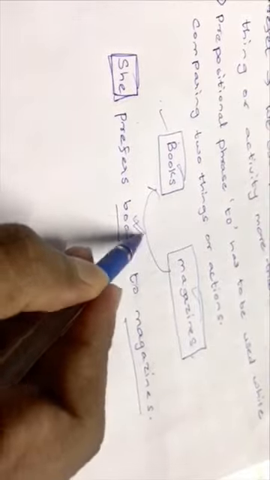This particular person prefers books the most, and the second formula states that the prepositional phrase to has to be used. Got it? Now see, she prefers books, and we have the prepositional phrase to magazines.